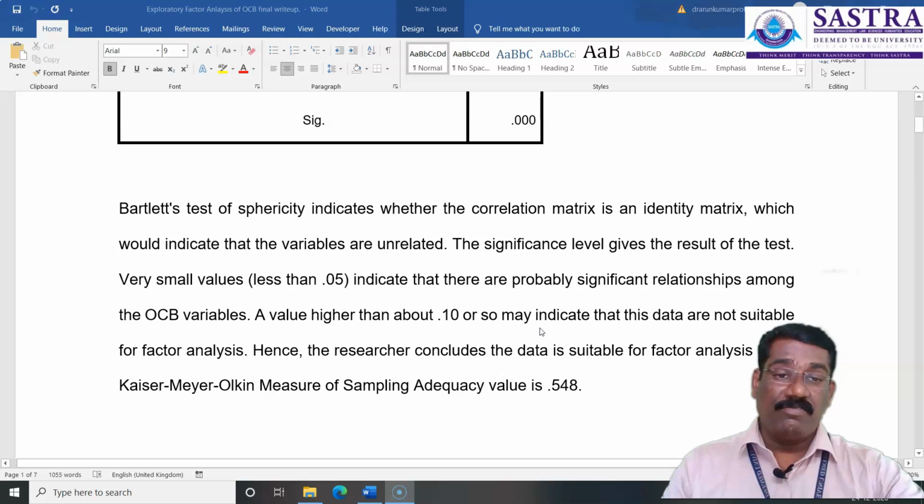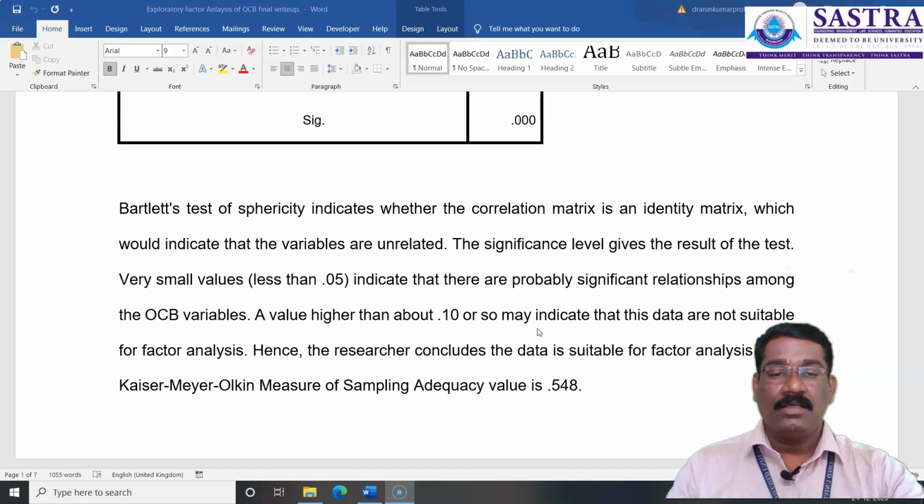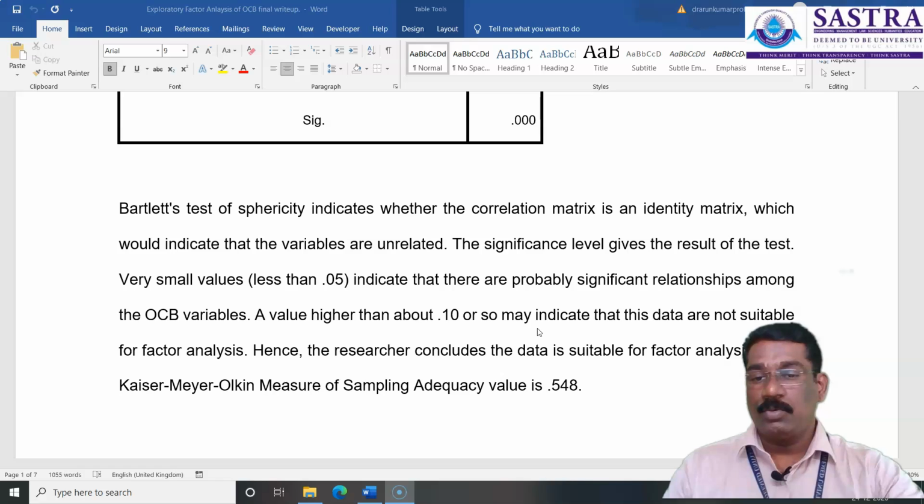The significance level gives the results of the test; very small values, for example lesser than 0.05, indicate that there are probably significant relationships among the organizational citizenship behavior variables of the faculty in a university, because this study has been done in a university. We have taken the inputs from the faculty of that particular university.